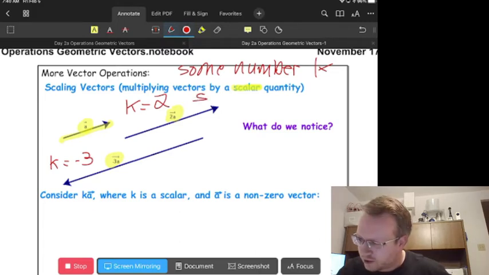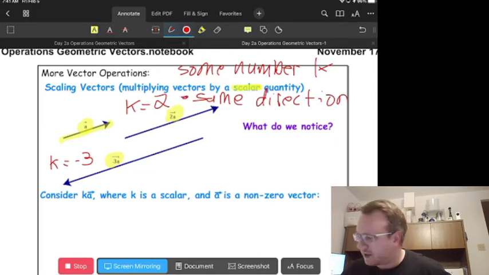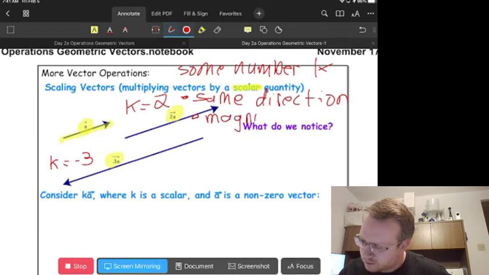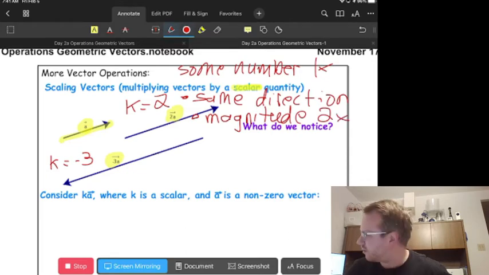Let's write what we just said. So in the case when k is a positive value, +2, it's same direction, but magnitude is doubled, so 2x.